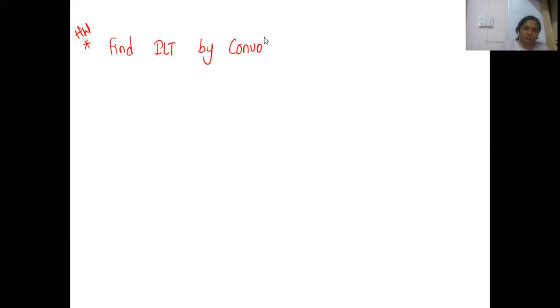Okay, write some homework. Find inverse Laplace transforms by convolution theorem.